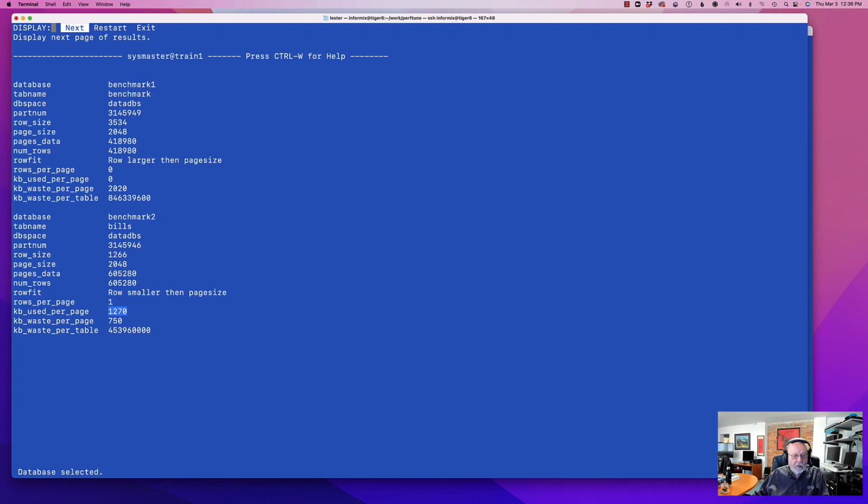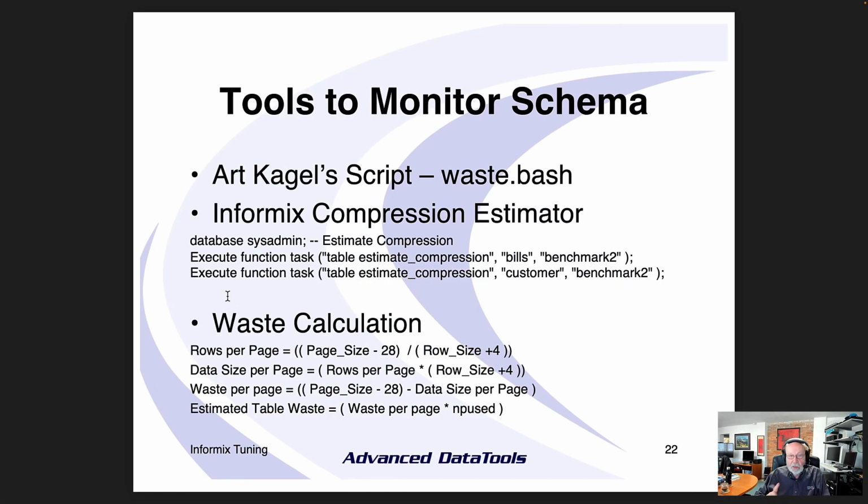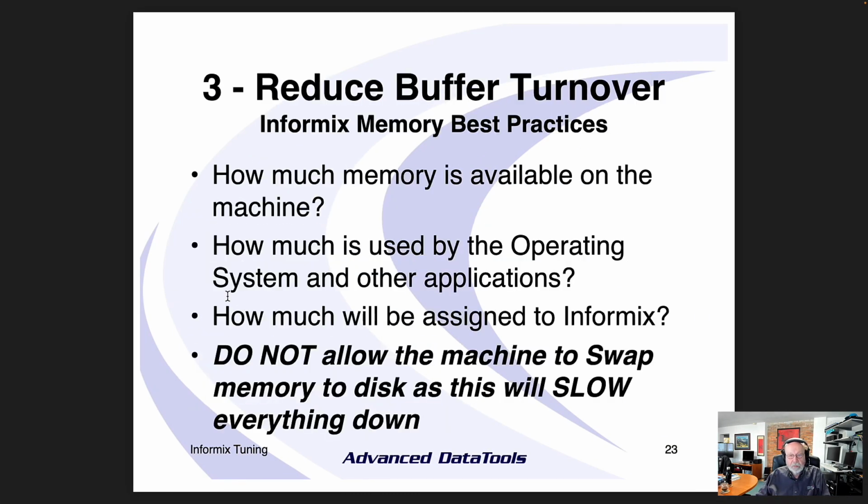It wastes 750 bytes per page. And when you multiply that by the number of pages that this table uses, that is what? Let me get the zeros right. That's like 453 million KB. That's a lot of wasted space. So that's the second tip.